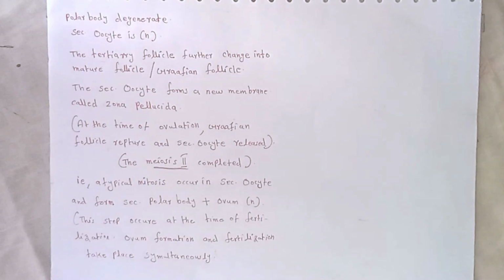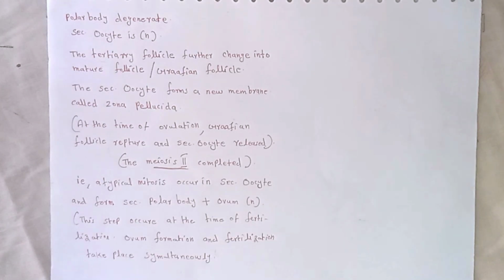At the time of puberty, secondary follicles transform into tertiary follicles, which are characterized by a fluid-filled cavity called the antrum. The theca layer is organized into two, the inner theca interna and the outer theca externa. Now the meiosis 1 stage completes.